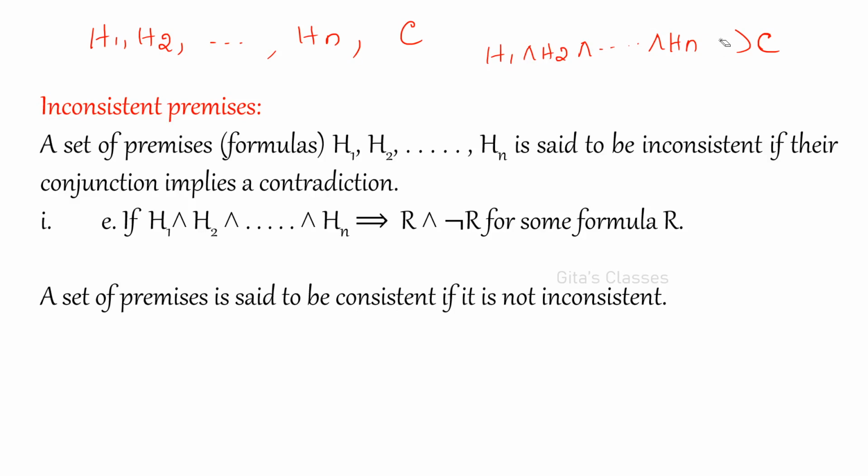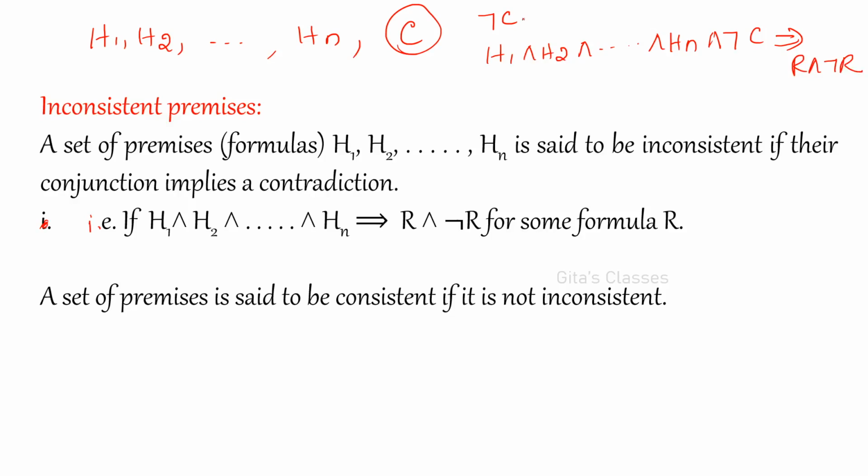Now what we are going to do is add not C, the negation of this conclusion C, as an additional premise, and prove that this is a contradiction, R and not R. Okay, so R and not R. So this is our conclusion.